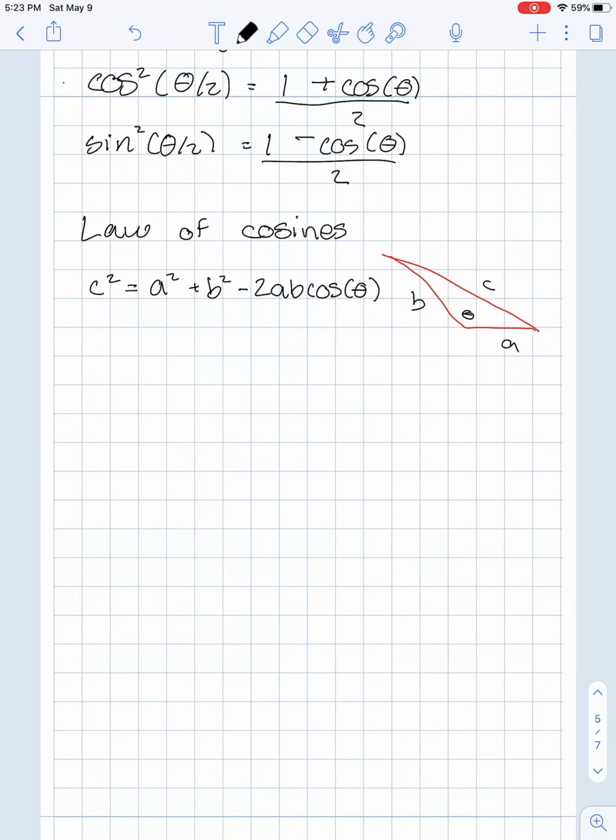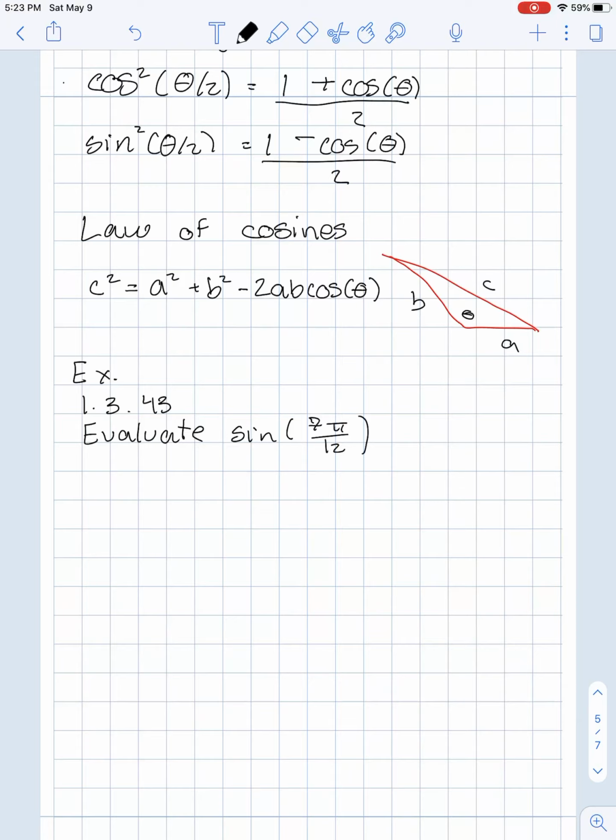So let's do a few examples of how to use these equations. This is in section 1.3, problem 43, and we're asked to evaluate sine of 7 pi over 12.